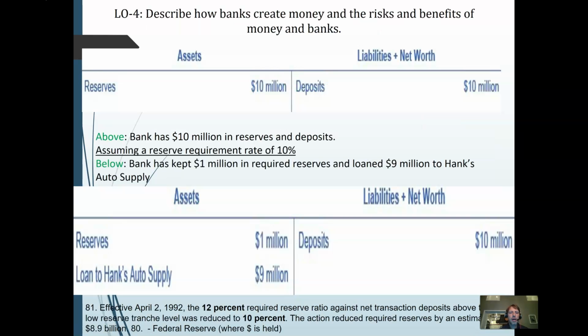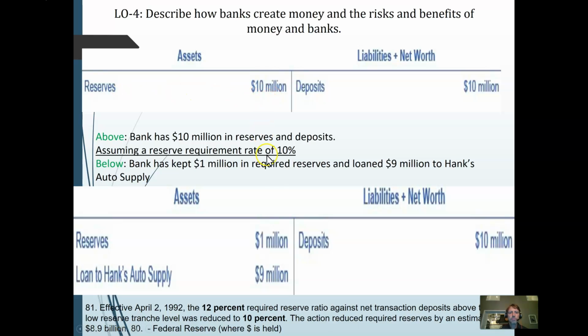So these T deposits will always have even amounts on the left and right. Here we have a bank that had 10 million in deposits, and the bank is required by the Federal Reserve to hold 10% of that or more in reserves. When the deposits come in at 10 million, initially they're all in reserve.